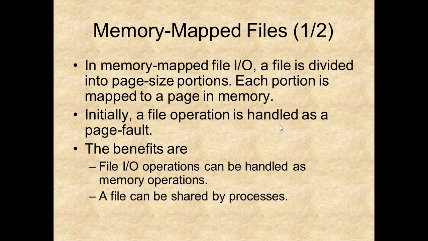Once a file is opened, it will not be loaded into the memory. Actually, it will stay on the disk. If there are any operations on the file, either read or write, this will be handled as a page fault. So in other words, loading a file is not substantially different than loading a process.